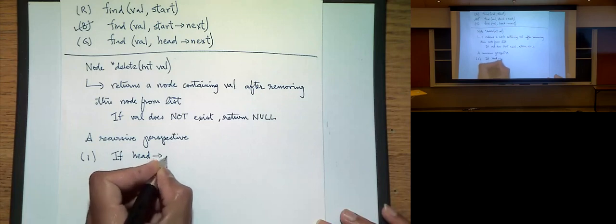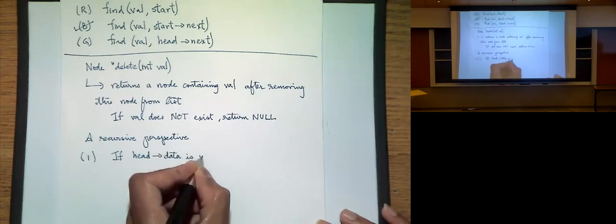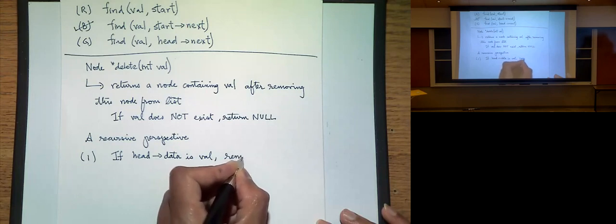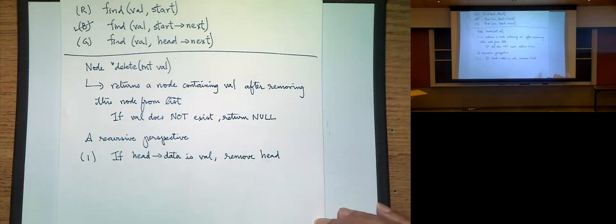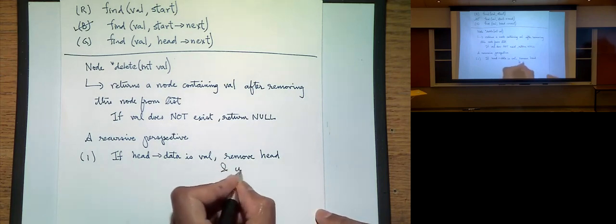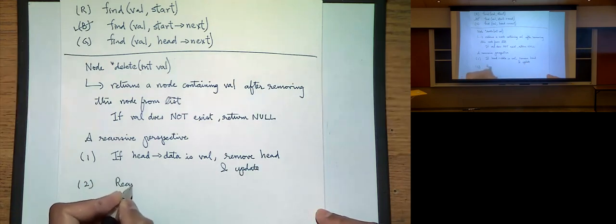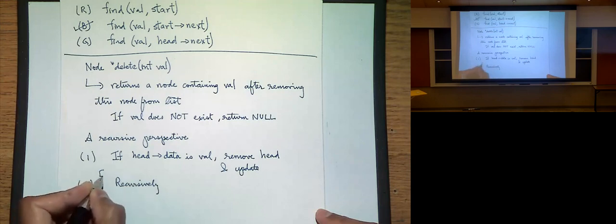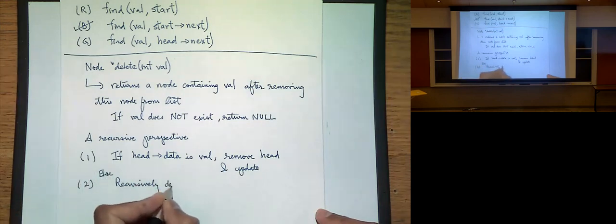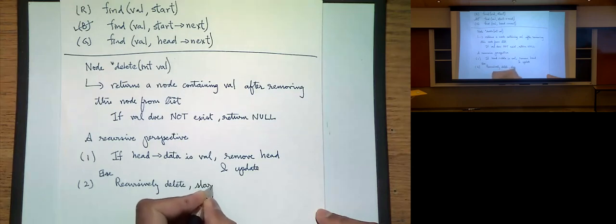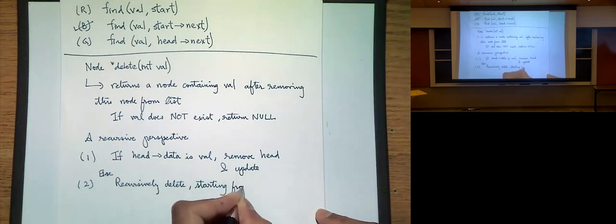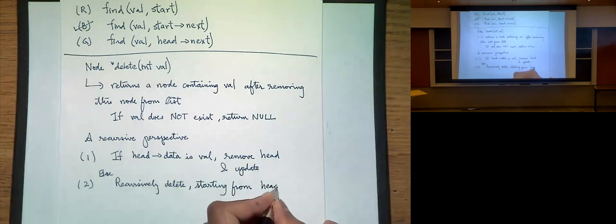If head arrow data is val, we'll remove the head, and update. Otherwise, we recursively delete starting from head arrow next. Okay?